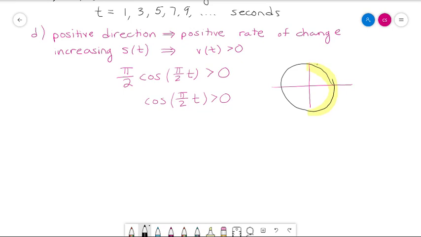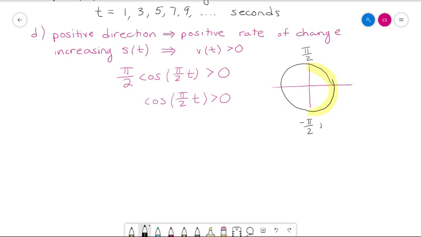So what argument of cosine are we looking at? Let me do a range, right? So a whole interval. So I'm going to start at negative pi over 2, and we're going to go all the way up to pi over 2. All right, and then that's just one rotation. Then we go on another rotation to 3 pi over 2, and then 5 pi over 2, then 7 pi over 2, to 9 pi over 2, etc., etc.